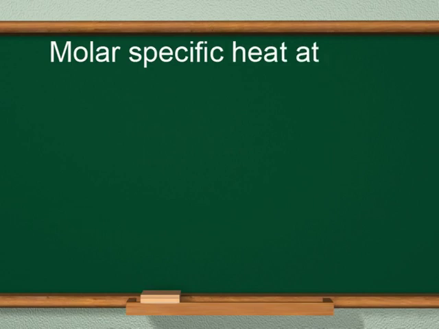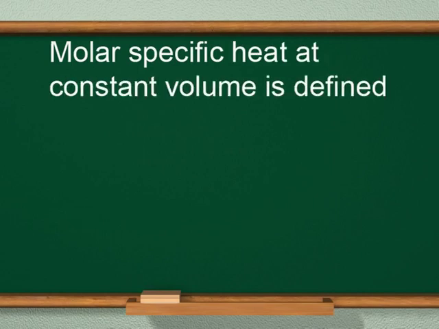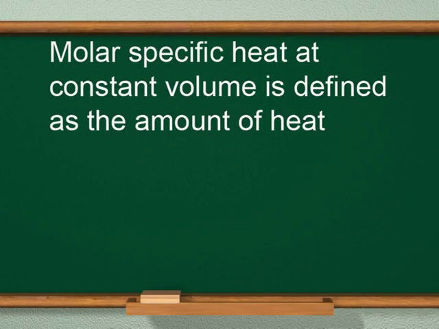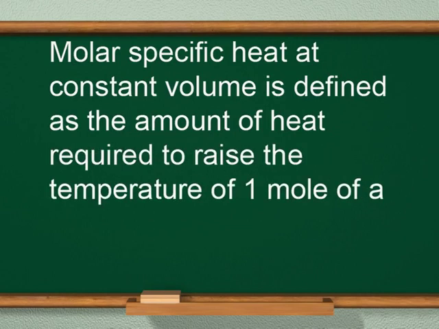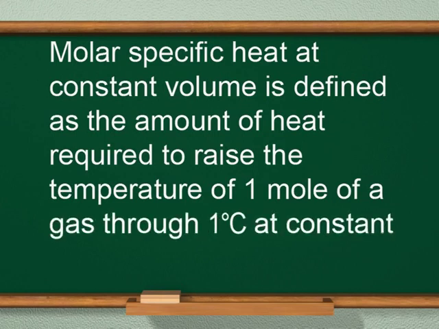Molar specific heat at constant volume is defined as the amount of heat required to raise the temperature of 1 mole of a gas through 1 degree Celsius at constant volume. It is denoted by capital CV. If m is the molecular weight of the gas, then capital CV is equal to m into small cv.